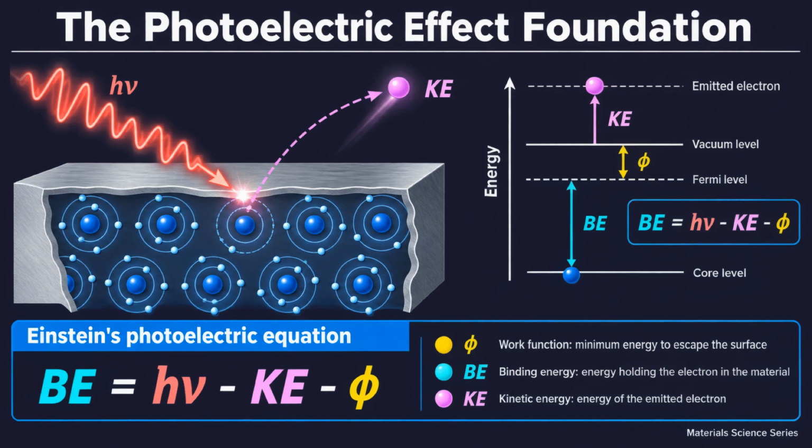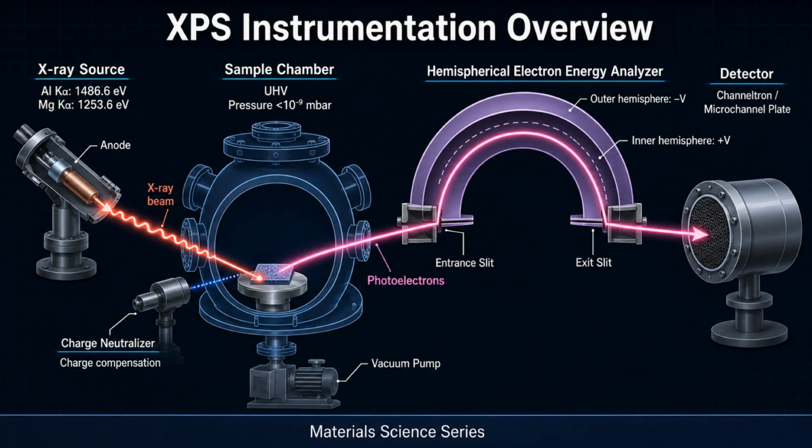The binding energy is characteristic of each element and its chemical state. By measuring the kinetic energy of ejected electrons, we can determine binding energies and thus identify elements and their bonding environment. An XPS instrument requires several key components operating under ultra-high vacuum.